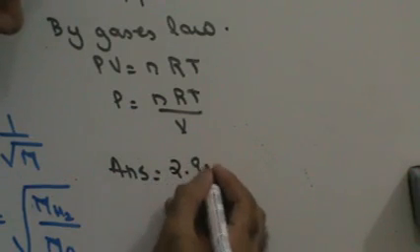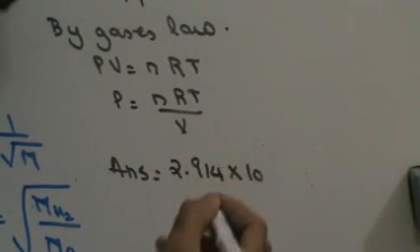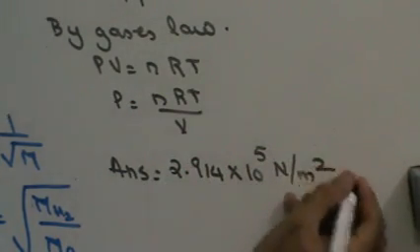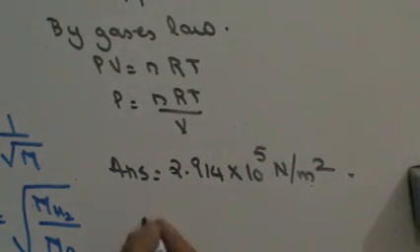What I need to find out is P. So this is going to be nothing but nRT by V. n I know, R, T and V I know. I should be able to get the pressure. Answer for this sum should be 2.914 into 10 raised to 5 newtons per meter square. Next, take on the next sum please.